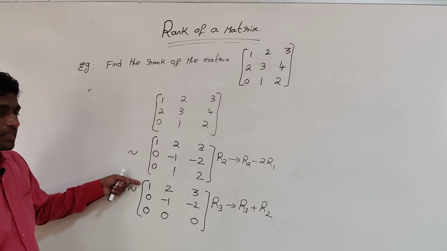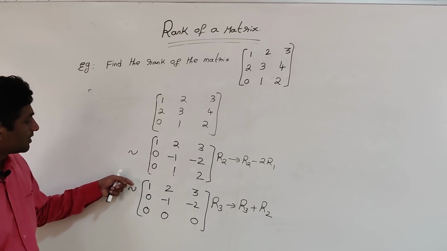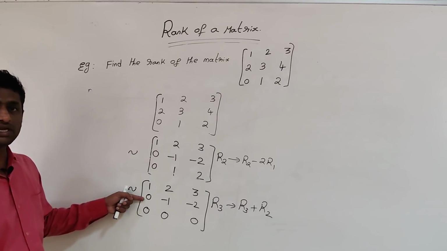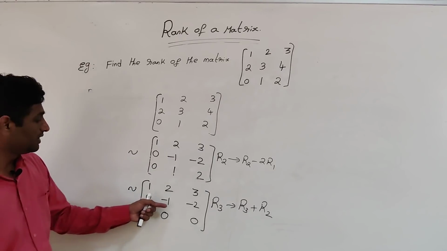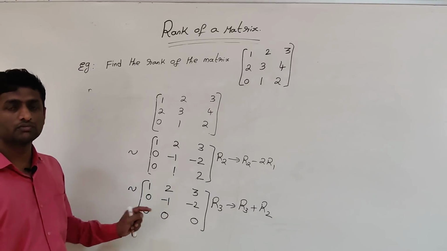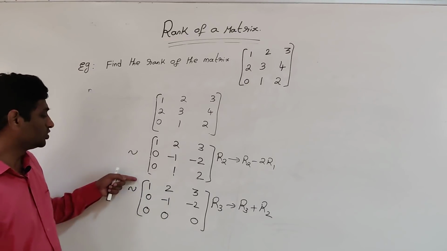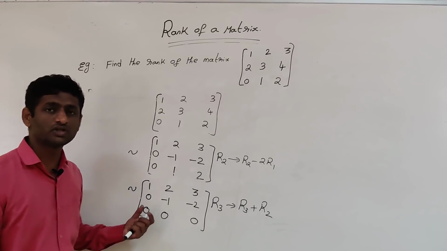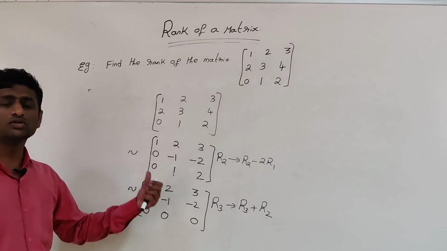Here, the number of zeros before the first non-zero element in the first row is 0. Coming to the second row, there is one 0 before the non-zero element minus 1. So 0 is less than 1. So it is in echelon form. After converting it, how many non-zero rows are there?